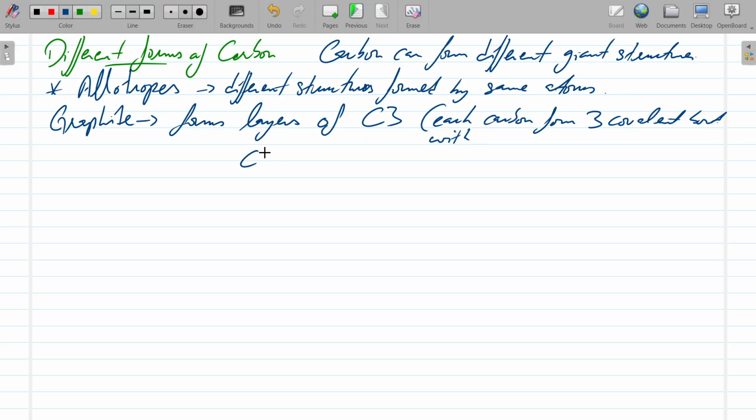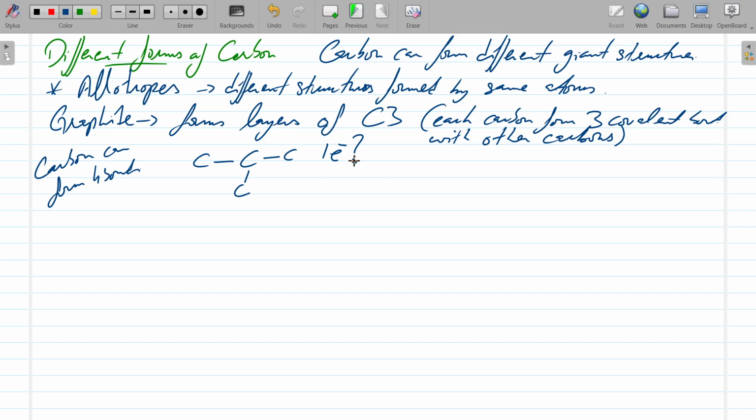So this is what it looks like. Now we know carbon can form 4, so what happens to that one electron that is missing?